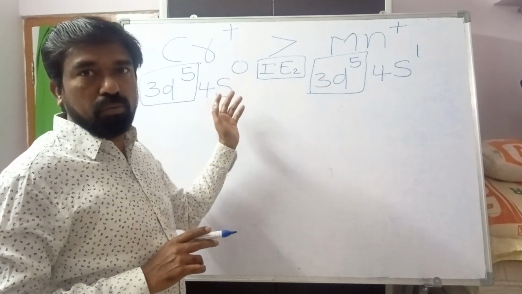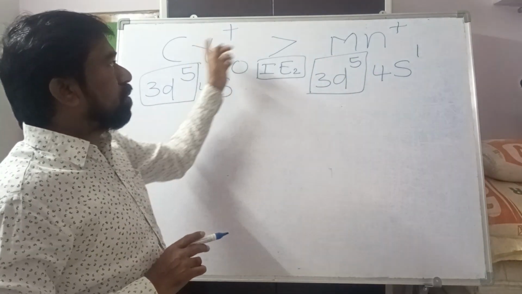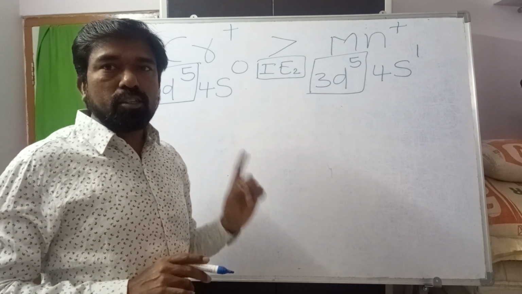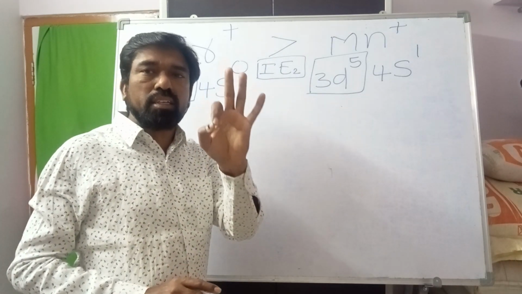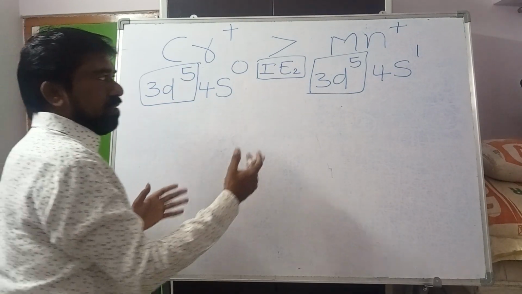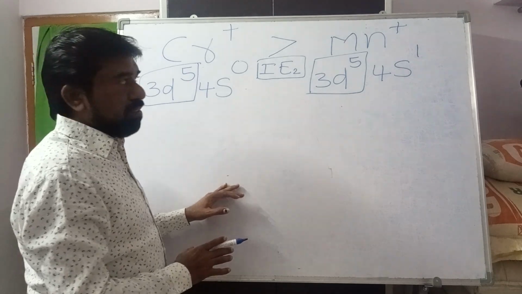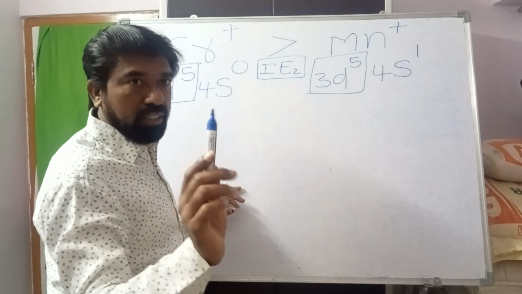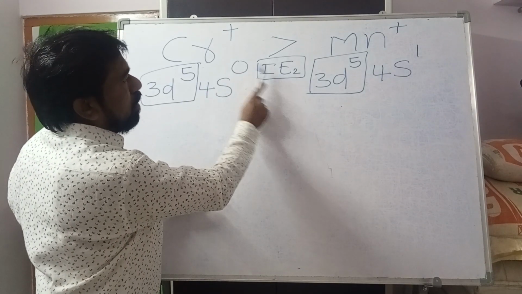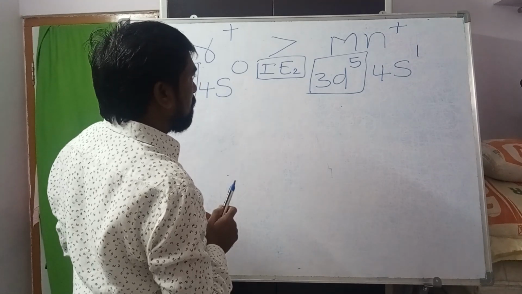Both are half-filled stable, but left to right ionization enthalpy increases, yet from chromium to manganese the second ionization enthalpy decreases. It is explained only by exchange energy. Nuclear charge or anything else does not explain it. Only exchange energy can explain why the chromium second ionization enthalpy is more than the manganese second ionization enthalpy.